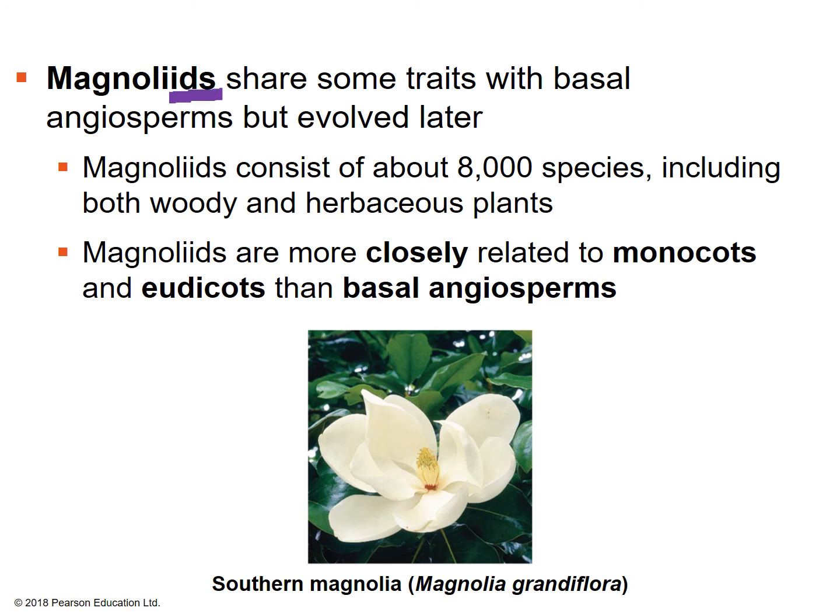Magnoliids share some traits with basal angiosperms but evolved later. Magnoliids consist of about 8,000 species, including both woody plants and herbaceous plants. Magnoliids are more closely related to monocots and eudicots than to basal angiosperms. Example, here we have the magnolia.